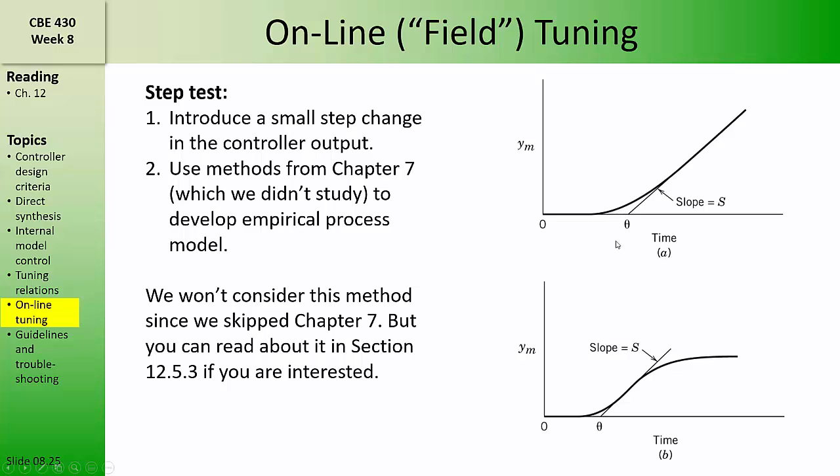Parameters such as time delays, process gains, and dominant time constants associated with the approach to the new steady state can be obtained by fitting the controlled variable to simple process models. You can read about the step test in section 12.5.3 of our text if you're interested.